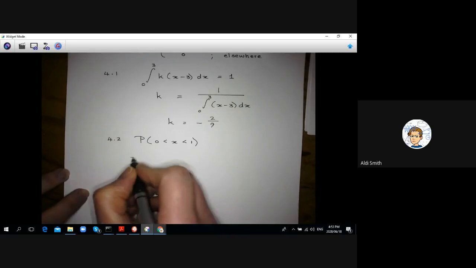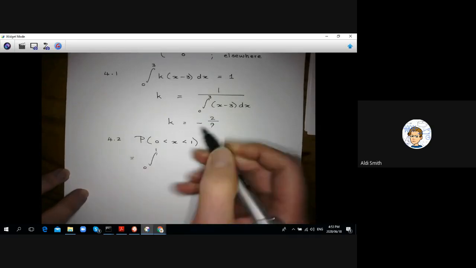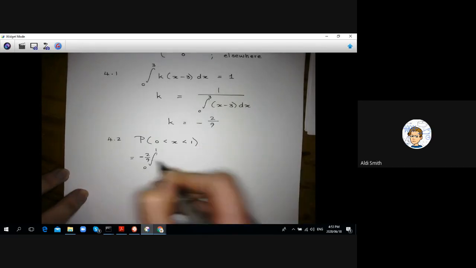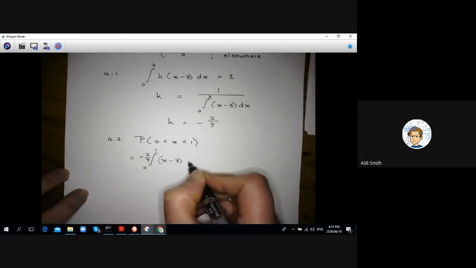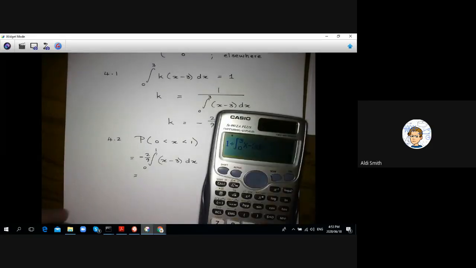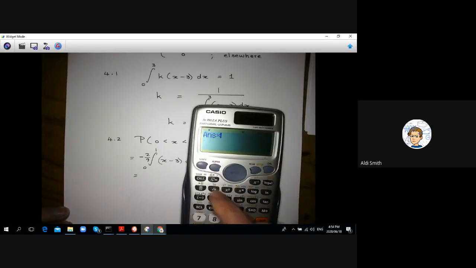This is equal to the integral from 0 to 1 of that. You can put the -2/9 outside if you want, because it's a constant, but if it's inside it really doesn't matter. Of that x minus 3 dx, and you can just type it into your calculator. So -2/9 times the integral of x minus 3 from 0 to 1, and that's going to be equal to 5/9, or 0.5556.